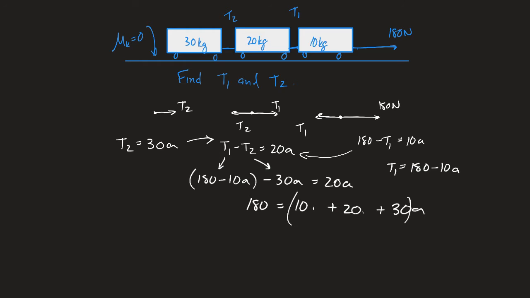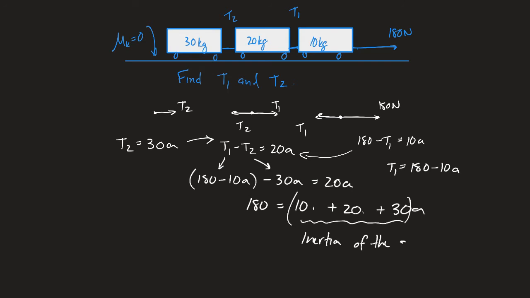And that what you get here tells you whether you've done this right or not. This tells you whether you've done all of your work right. You should see all of the masses of your system summed together. If you don't see that, you've made a mistake, because this is the inertia of the system.